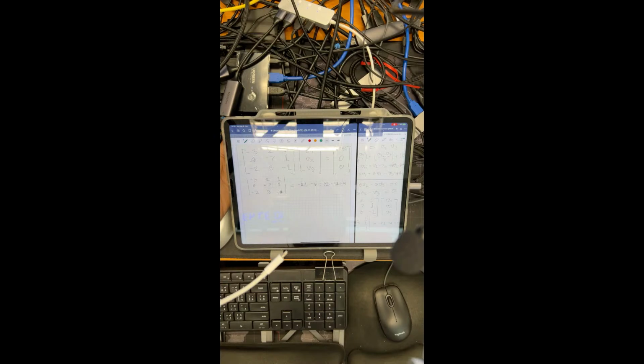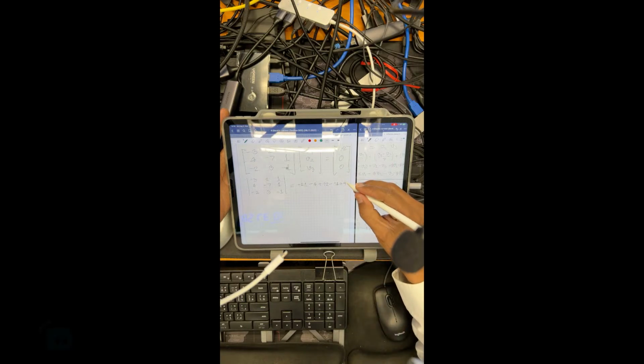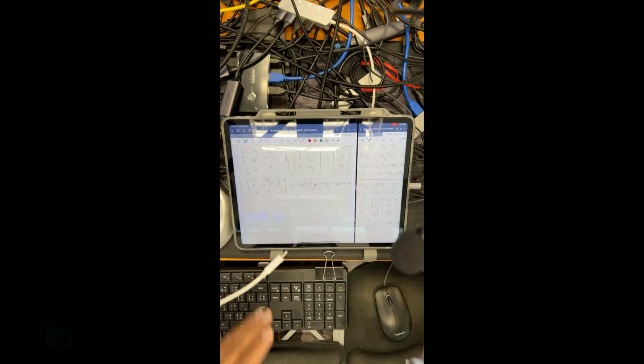Minus 1 times 4 and 2, so what is that? It's negative 8, right? But since we go upright it should be negative; negative of negative 8 is positive 8, is plus 8.